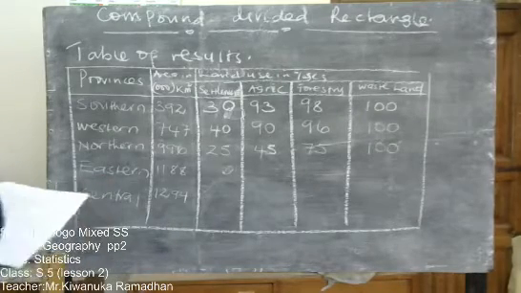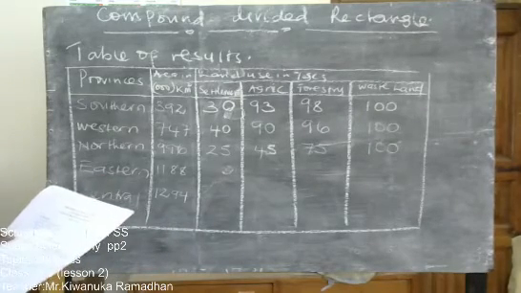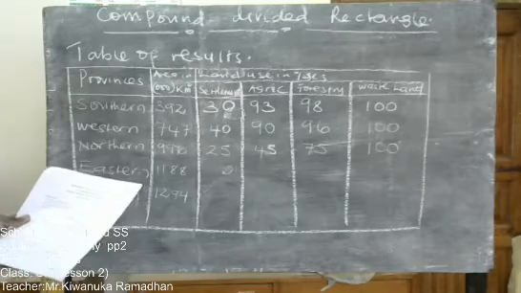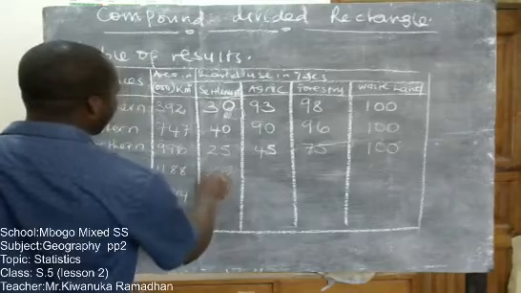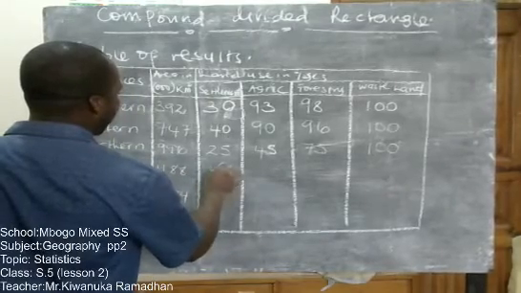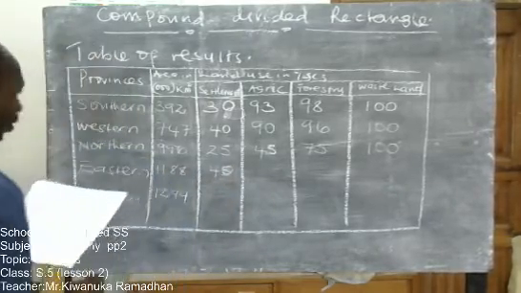Then we come to Eastern. Eastern, we have 45.